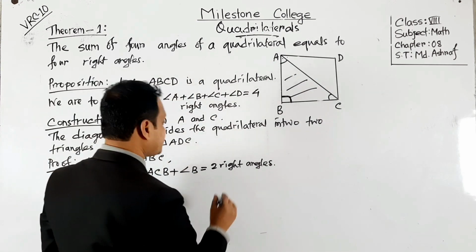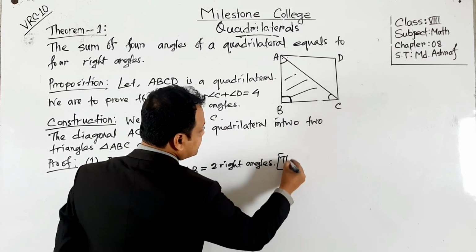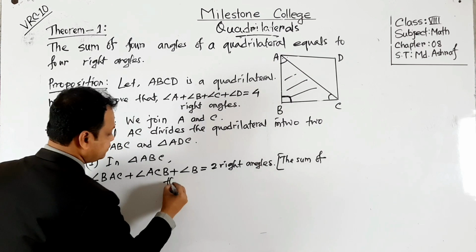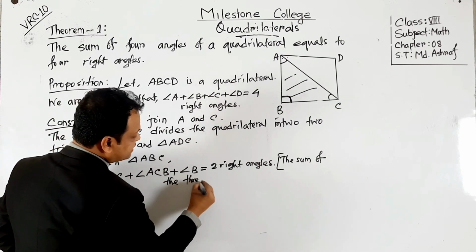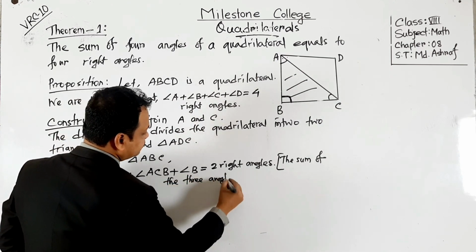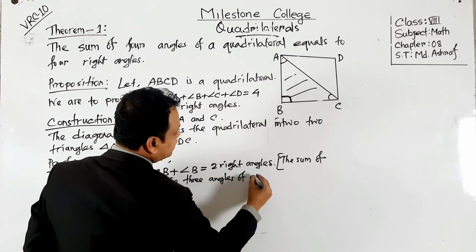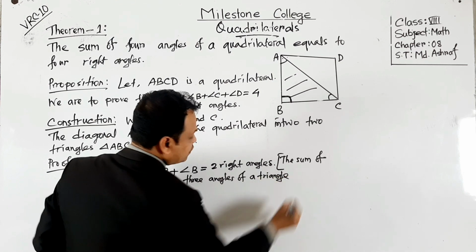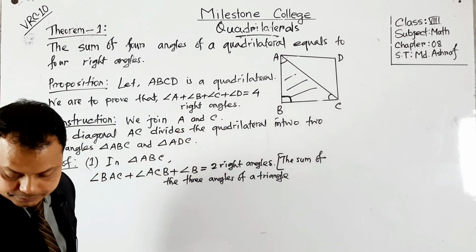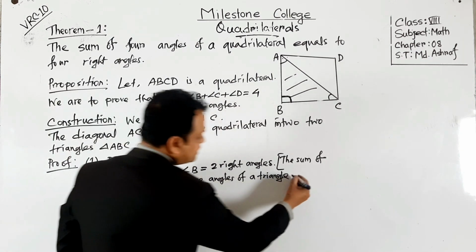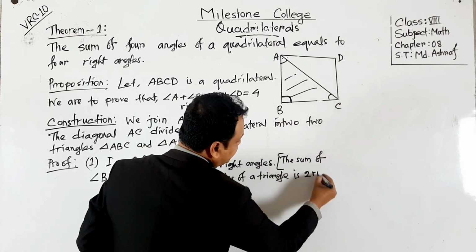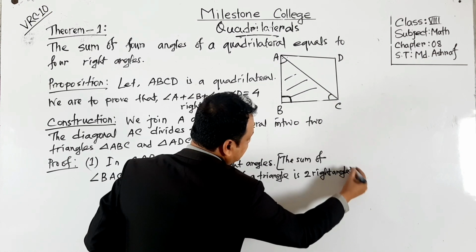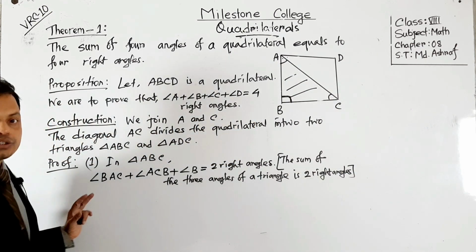We will give the side note here: the sum of the three angles of a triangle is two right angles. So this is the first thing.